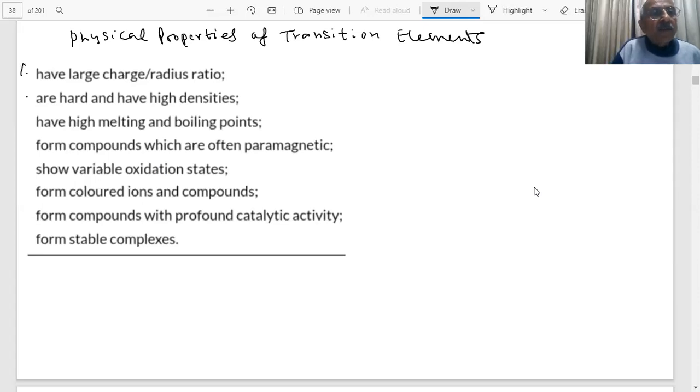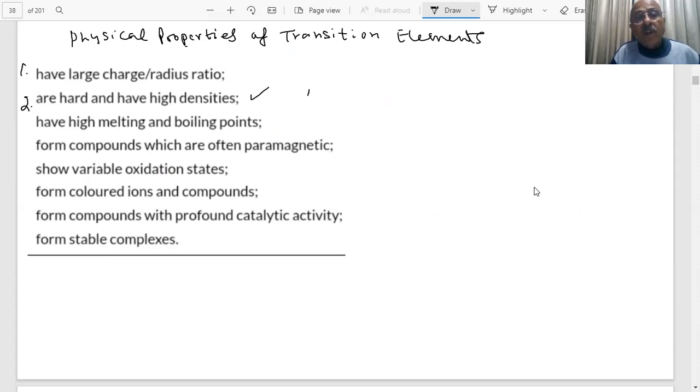They are hard and have high densities as compared to alkali metals. Student, alkali metals are soft; transition metals are hard because the bonding is stronger, because here n-1 d electrons are also participating in the bonding. There is both metallic as well as covalent bonding in the case of the transition elements.